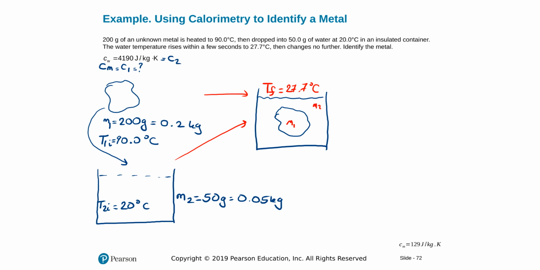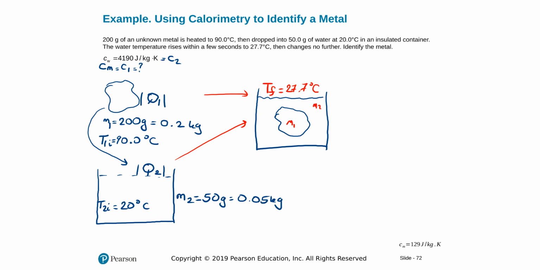And check the table to see which metal that would be. The idea here is that the heat that the metal gives is equal to the heat that the water takes, right? Metal gives some heat and water takes it, and we discussed this, that they will be equal to each other.